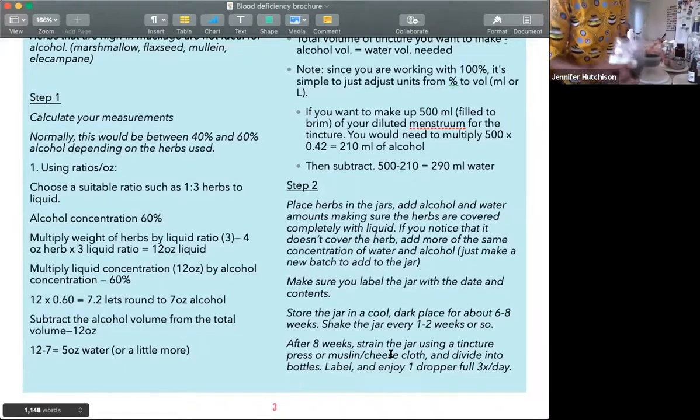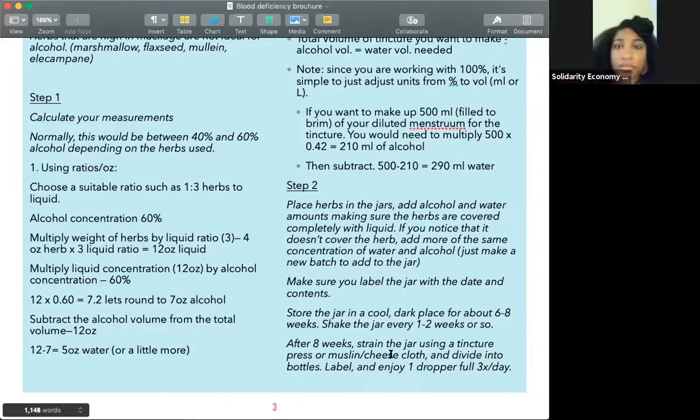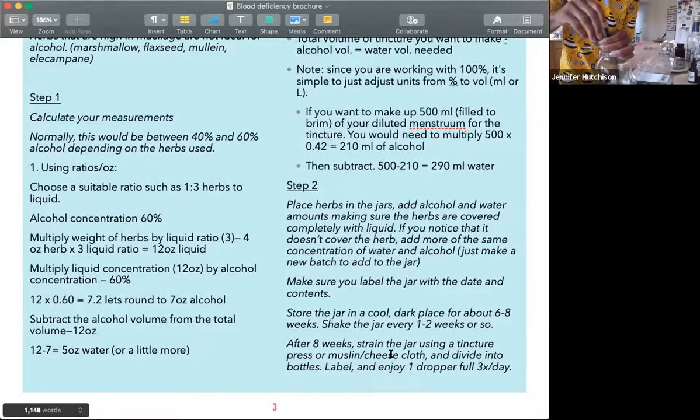So I'm going to make it in this larger jar. I think this is about 800 mils. So I'm going to start putting that in here. So that was 0.4. It should stay tared, but sometimes it doesn't. Cheap scale.